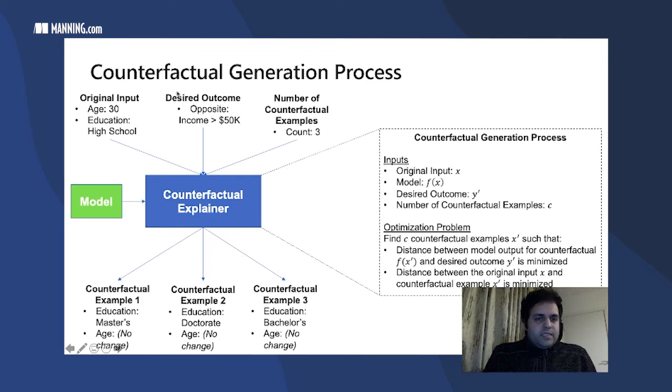That is, you essentially achieve the desired outcome. And the distance between the original input and the counterfactual example is also minimized. So the changes to the input have to be small enough so that you come up with a decent enough explanation for why the model predicted one outcome as opposed to another.